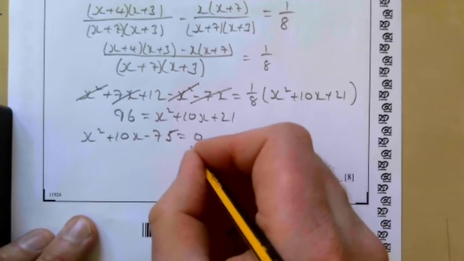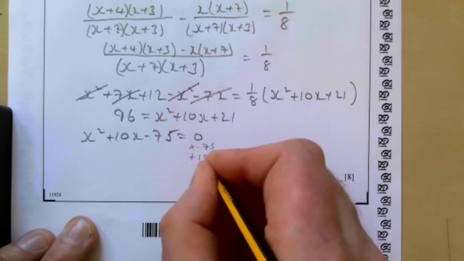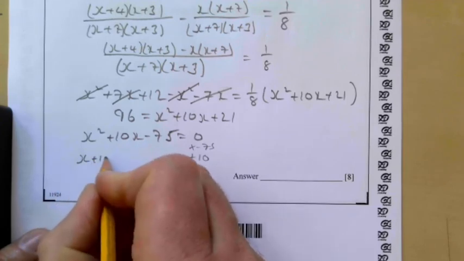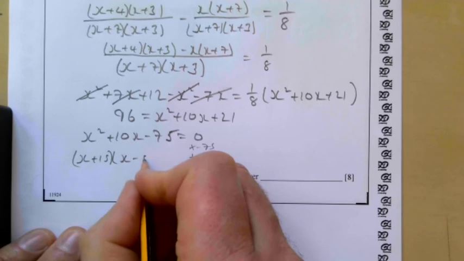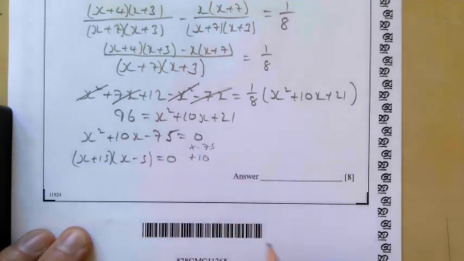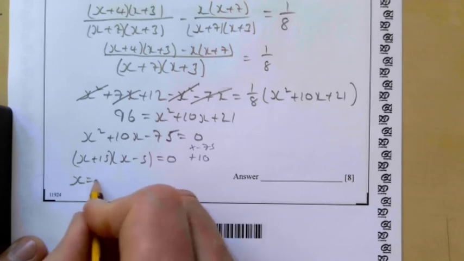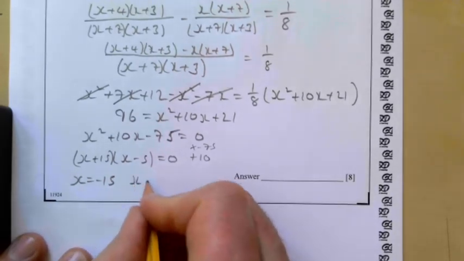I'm looking for two numbers that multiply to give minus 75. The same two numbers add together to give 10. So that's going to be x plus 15 and x minus 5 equals 0. So either x is minus 15 or x is 5.